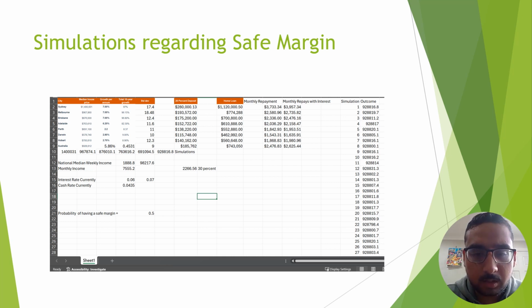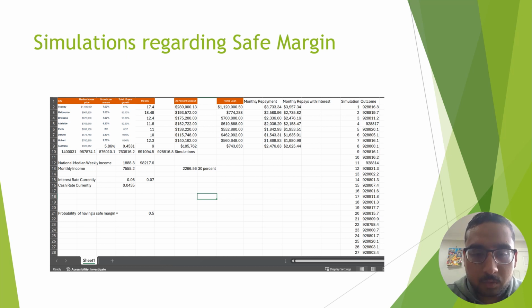clearly. And we can see that the probability of getting a safe margin by using both what-if sensitivity analysis and Monte Carlo simulations is only around 50%, but it is only in areas like Perth, Hobart, Darwin that we can get a safe margin. In capital cities like Sydney and Melbourne, we will not be able to get a safe margin.